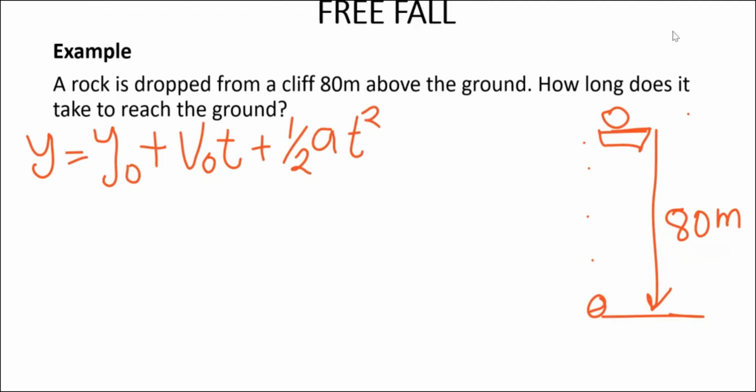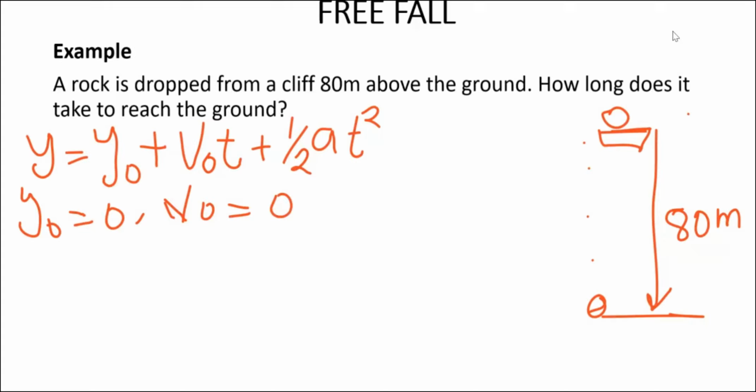In this case, our y0 is 0, and there's no initial velocity, so v0 is also equal to 0.